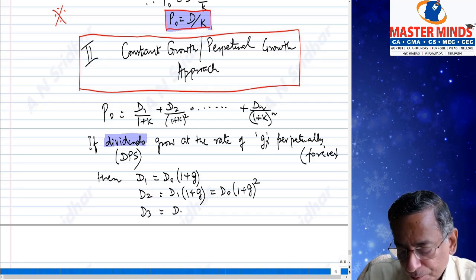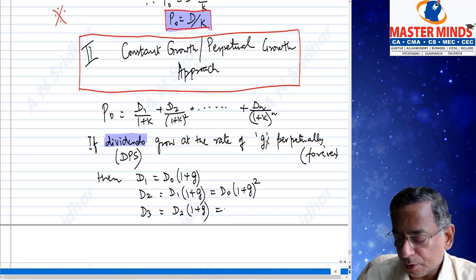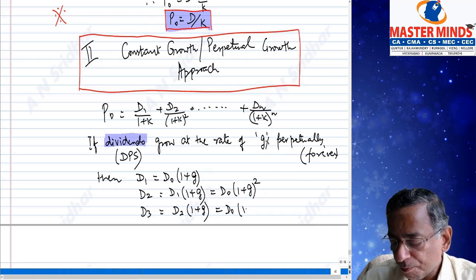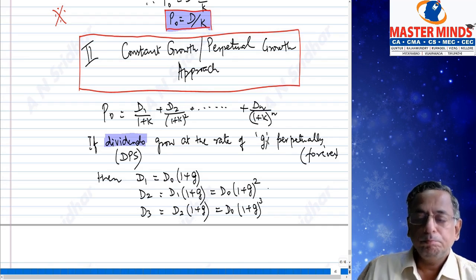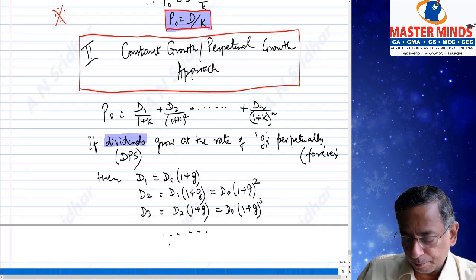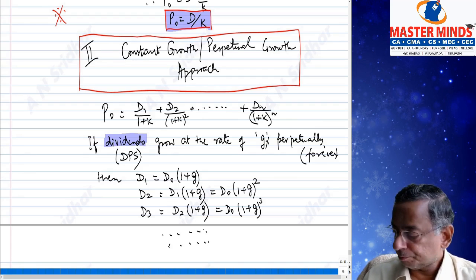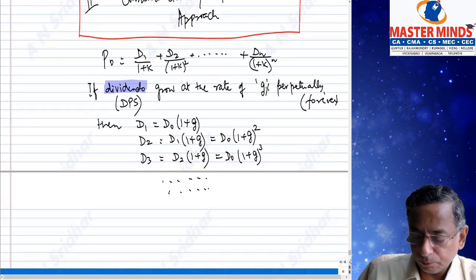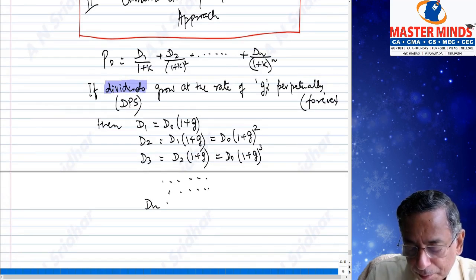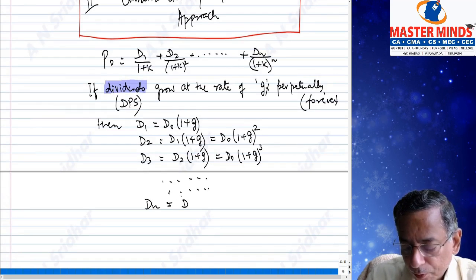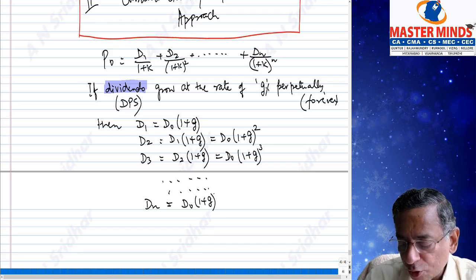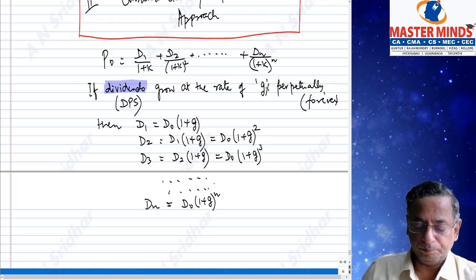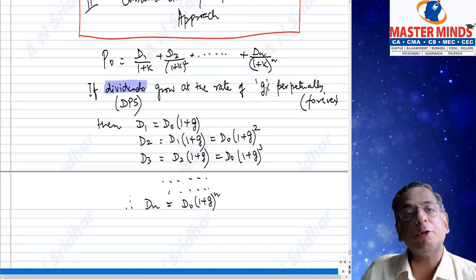D3 will be D2 into 1 plus G. In comparison to D0, it will be D0 into 1 plus G cube. Then Dn will be D0 into 1 plus G raised to n. Therefore Dn will be this much.